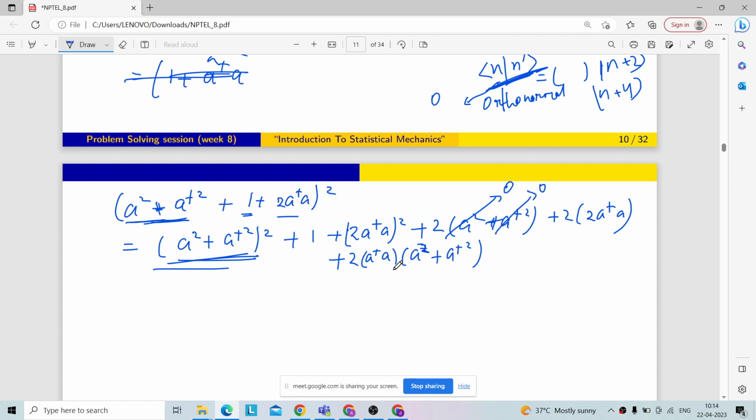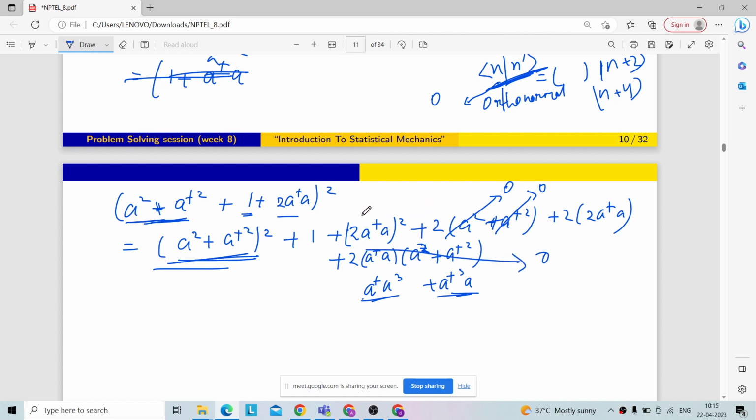Similarly, if I multiply a† a with a², it will give a† a³ or a†³ a. Ultimately these terms also will modify the ket state, so this term also I can take to be 0.